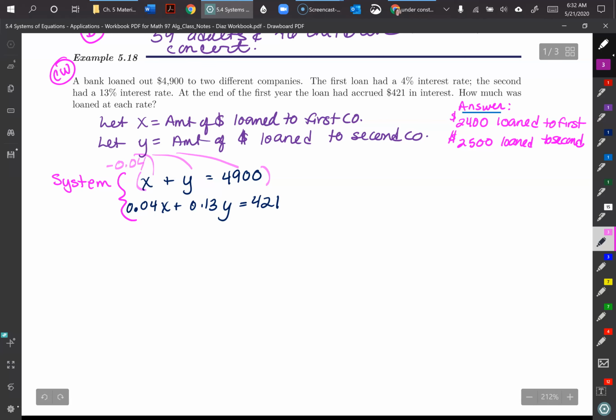So then I'll end up with a new equation. I'm just going to bump those right over here. So I'm going to have negative 0.04x plus negative 0.04y equals negative 196, that comes up to be.